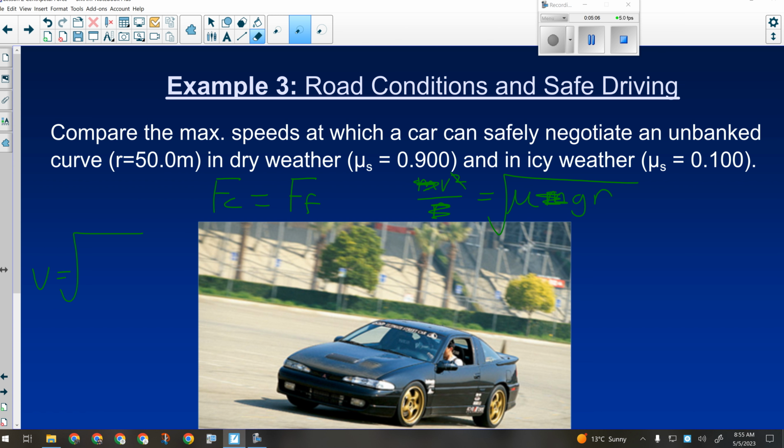3 times slower. Remember, it's an exponential relationship, okay? All right, so V is going to equal the square root of 0.9 times 9.81 times the radius of the corner, which we were told is 50 meters.